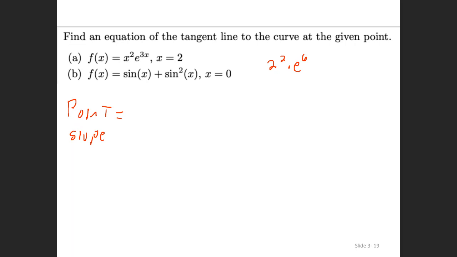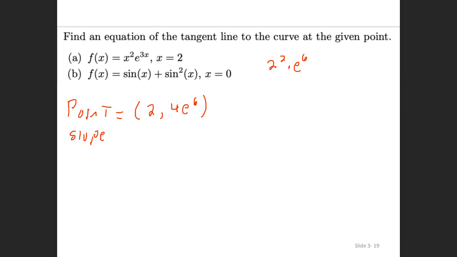My point is going to be a really weird point: 2 and then 4e to the 6th. I'm not going to change this to a decimal, no way, no how. It's going to be some crazy number, so just leave it as 4e to the 6th. Okay, so that's my point.